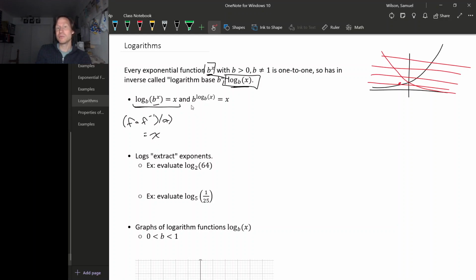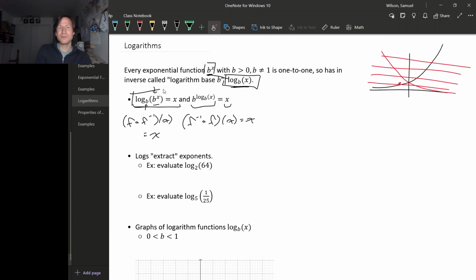And also, if you compose them the other way, you just get x again. So this is saying f inverse composed with f of x is x. So if the bases of your exponential and your log match and you put one inside the other, they just undo each other. Notice that this means that logarithms extract exponents.